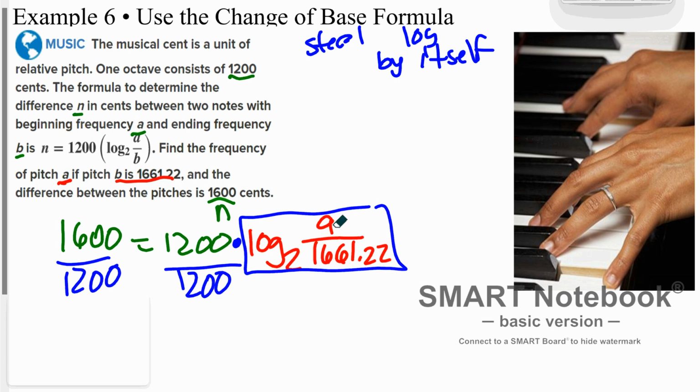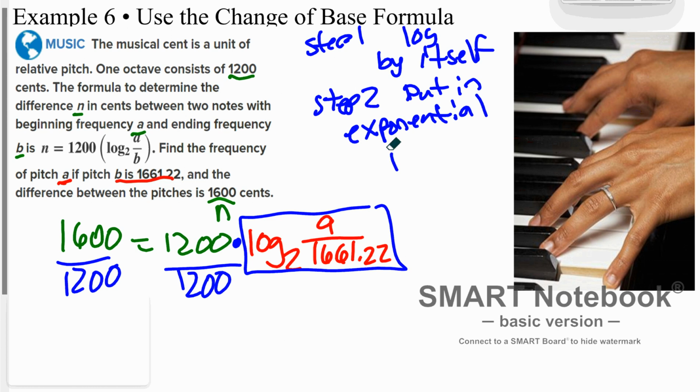And then once I get the log by itself, step 2 would be to put it in exponential form. So put it in exponential form. We'll see, it's still not letting me write.